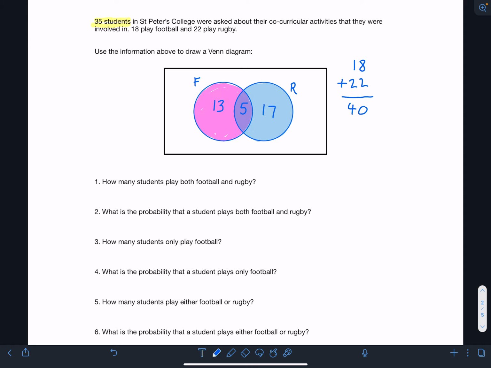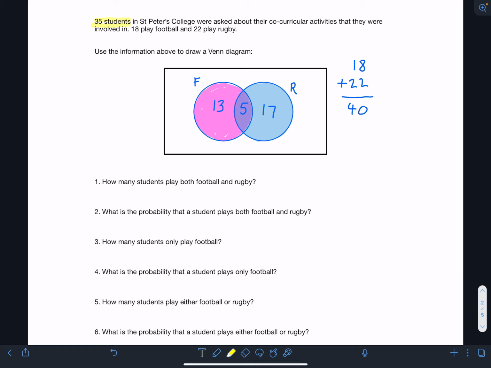Okay, now that we've written numbers in our Venn diagram, we're ready to solve these questions. And question 1 asks, how many students play both football and rugby? And so both of them is actually where the 2 circles in our Venn diagram overlap.